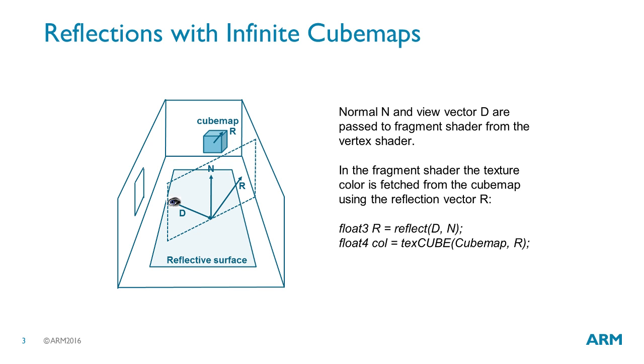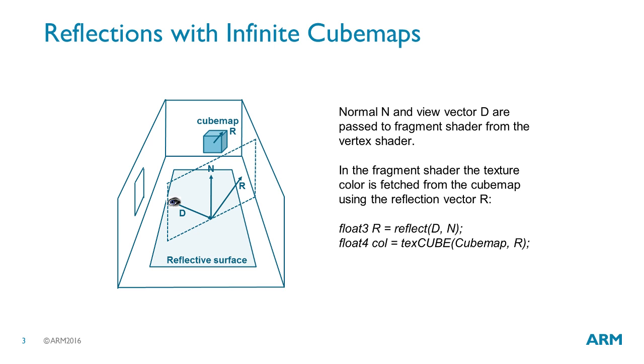This is the cube map, the texture, and you provide the vector. So it was very simple, and it was a very easy way to implement reflections. You bake your cube map once, and then you use it many times.